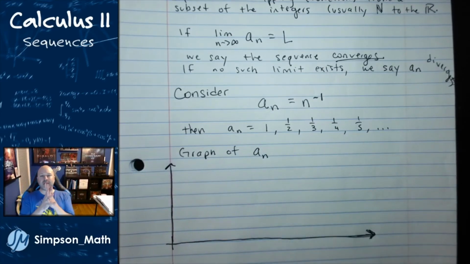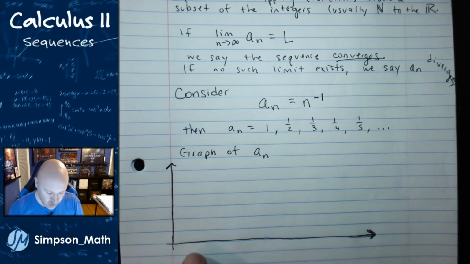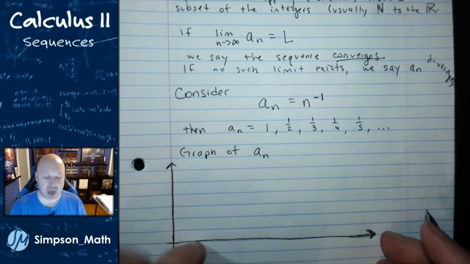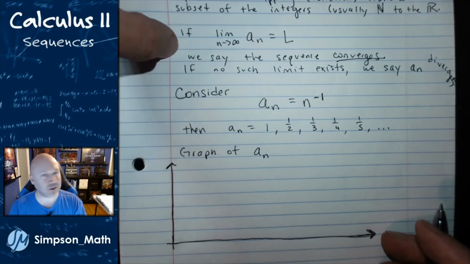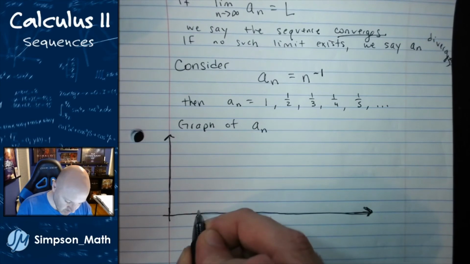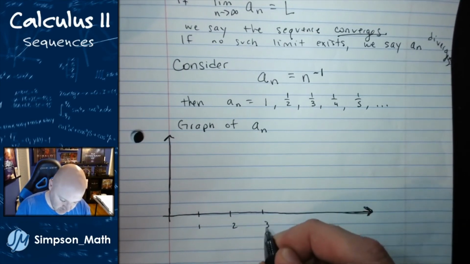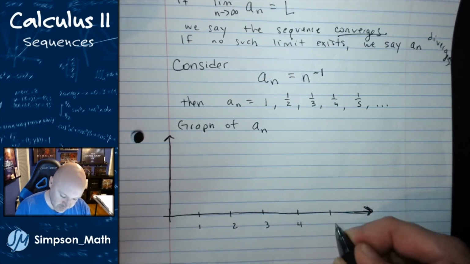All right, so let me talk about that input and output again. With the sequence, we are inputting the natural numbers. So on my x-axis, I'm only really allowed to put those natural numbers. So I'm going to start here at 1, 2, I'm going to go at least to 5: 3, 4, 5.